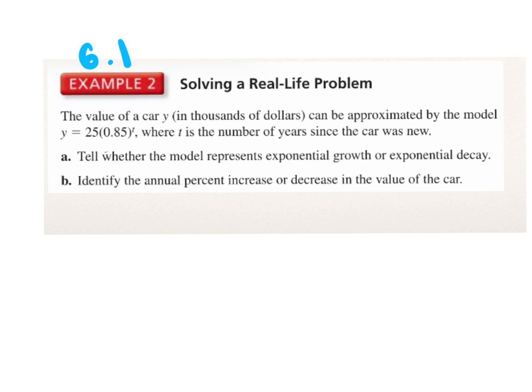Why decay? The value of the car degrades over years. You're right, but why? Because it's a decimal. The 0.85, the number that has the exponent, is less than 1, so it'd be exponential decay.